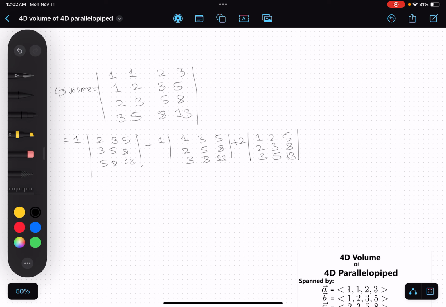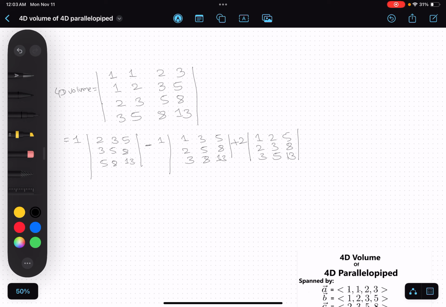Guys, you know what? I actually made a mistake by taking the Fibonacci numbers, because I know that now definitely they are going to be linearly dependent. I messed myself up.